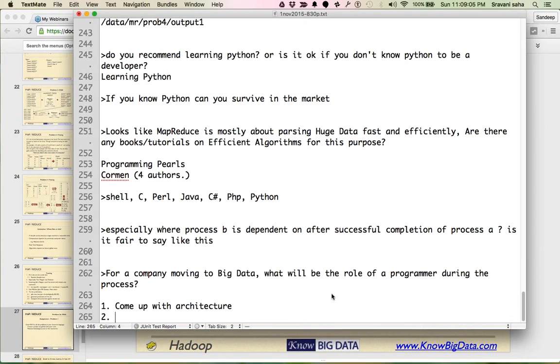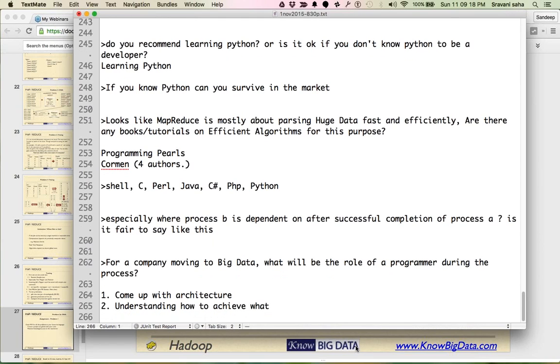All of these things are also the programmer's duty. Second is understanding how to achieve what.